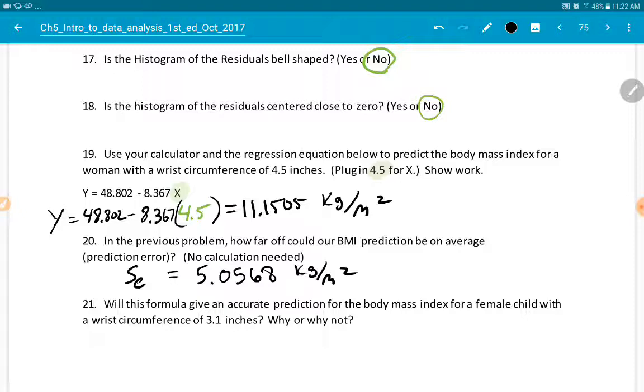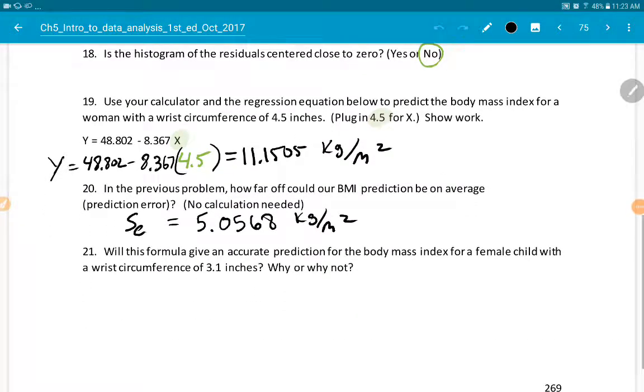Will this formula give an accurate prediction for the body mass index for a female child with a wrist circumference of 3.1 inches? And I'm going to say no for a couple reasons. First of all, we saw that the histogram of the residuals was not bell-shaped. It was not centered at 0. We saw the scatter of the residuals was fan-shaped. So those are indicators that our equation is not very accurate.